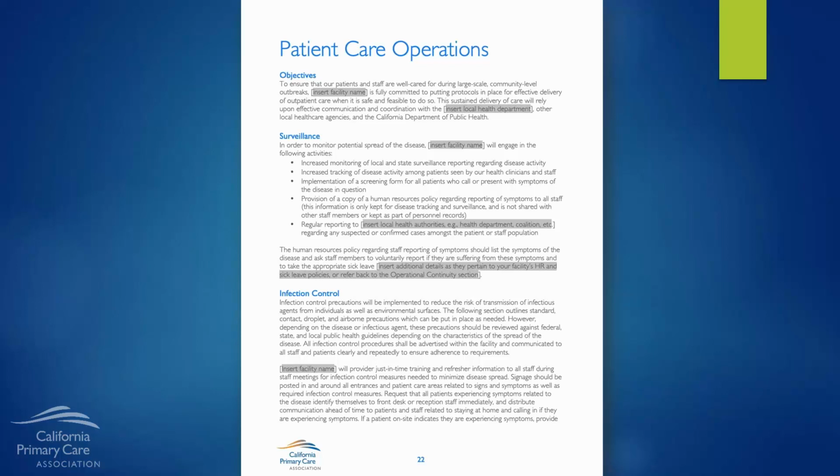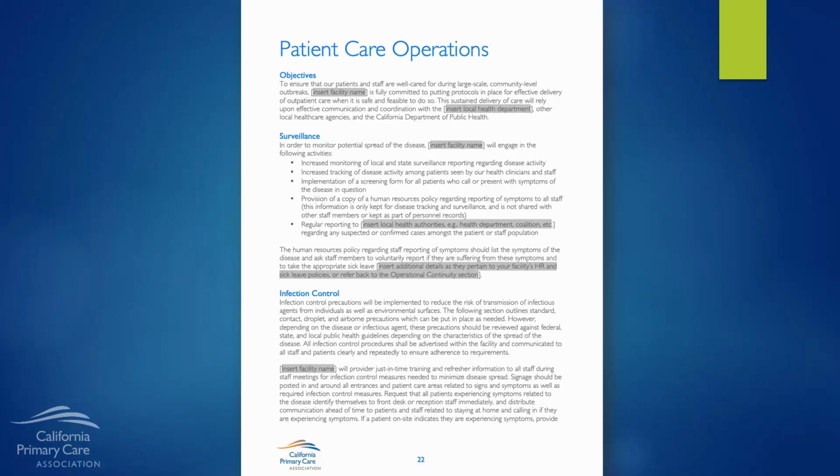So the first section in this patient care operations plan template is surveillance. This is really how you're going to monitor the potential spread of a disease. So this is engaging in things like assigning someone to monitor local and state surveillance reporting every week or maybe every day. Assigning someone to create and implement a screening form for all your patients who call in with particular symptoms.